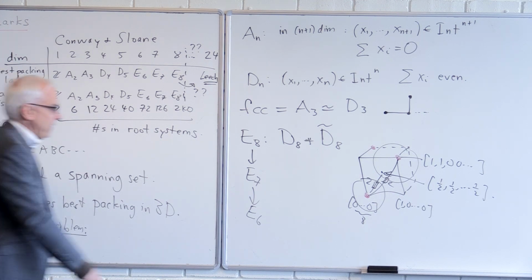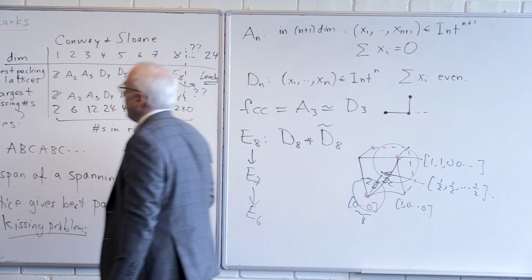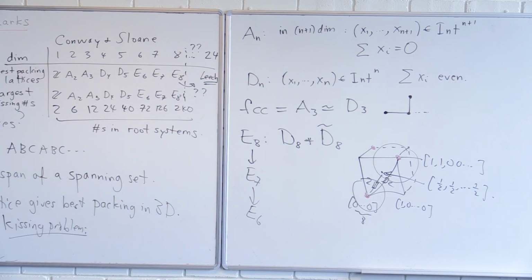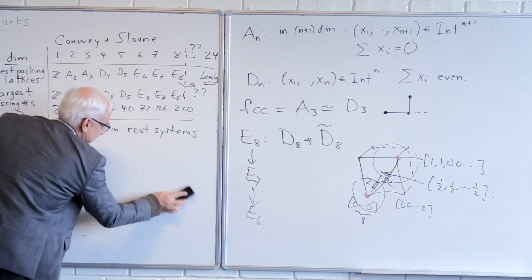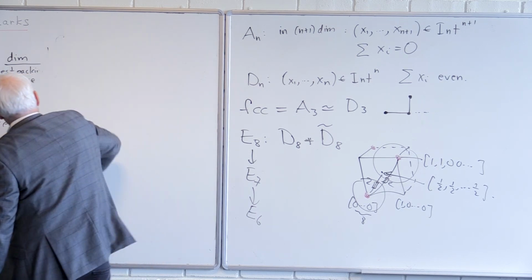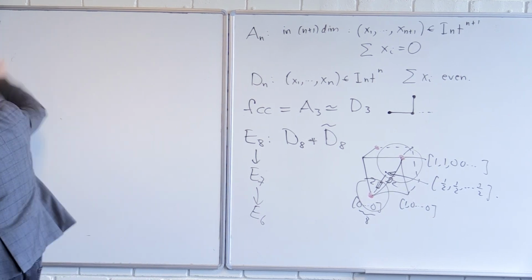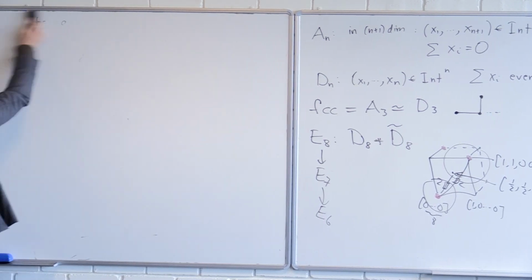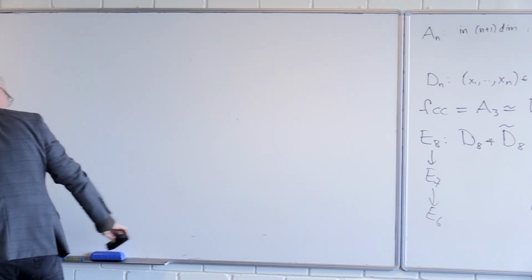Okay, so now I want to talk about, ultimately there'll be two interesting lattices coming up, but we have to go back to our graph theoretical point of view now and introduce the numbers game.